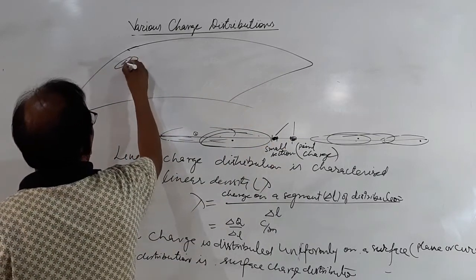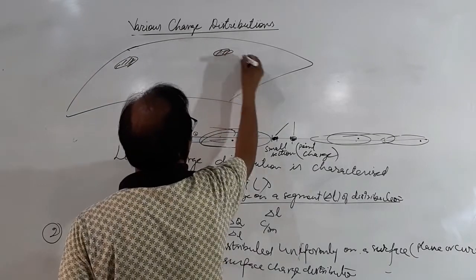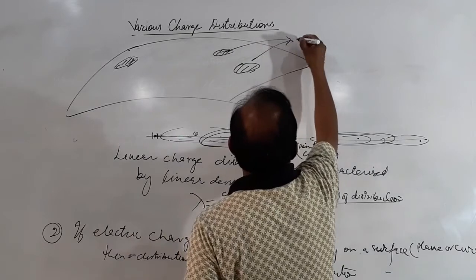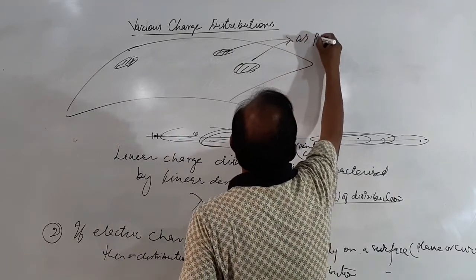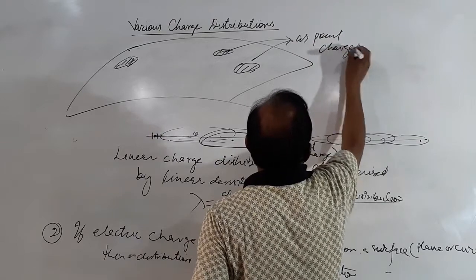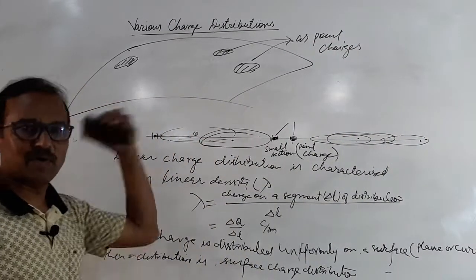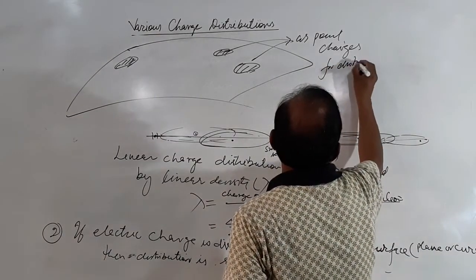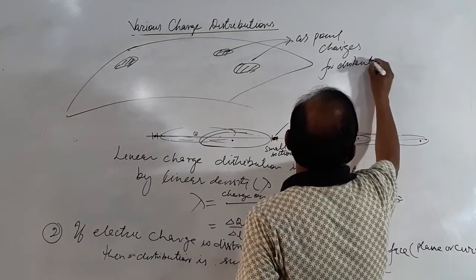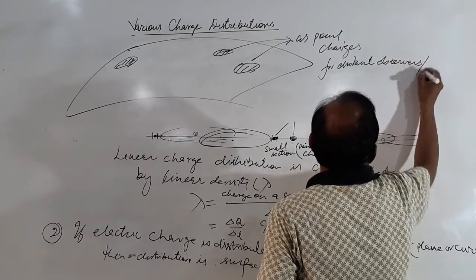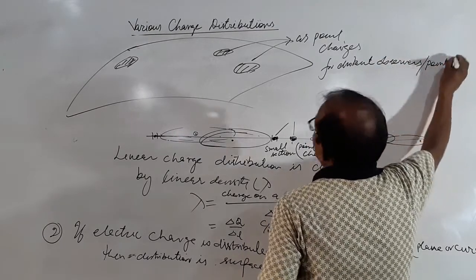A small section here, small section here, small section here, these are taken as point charges for distant observers. Observers means points.